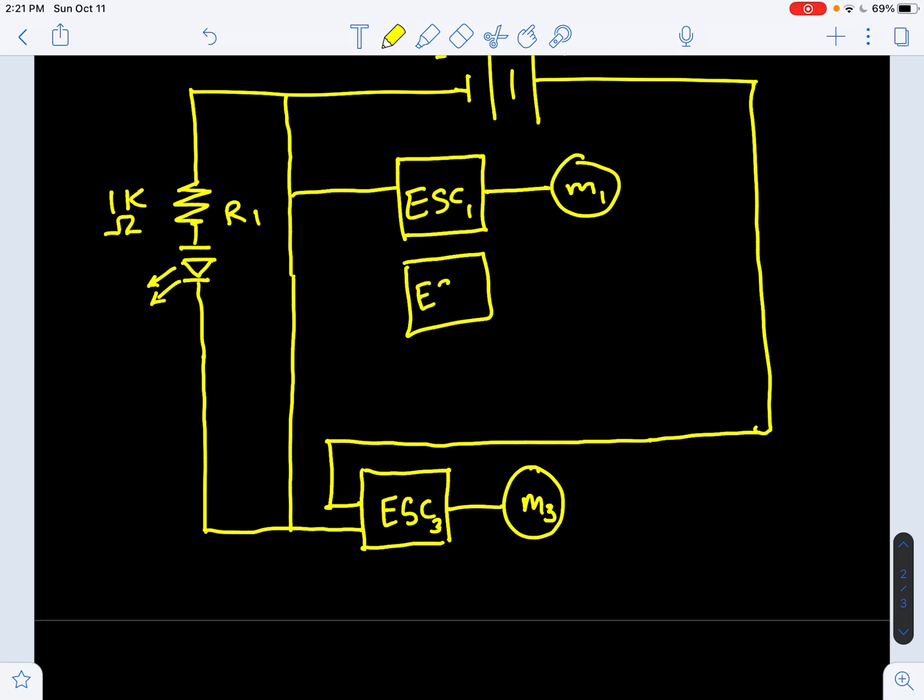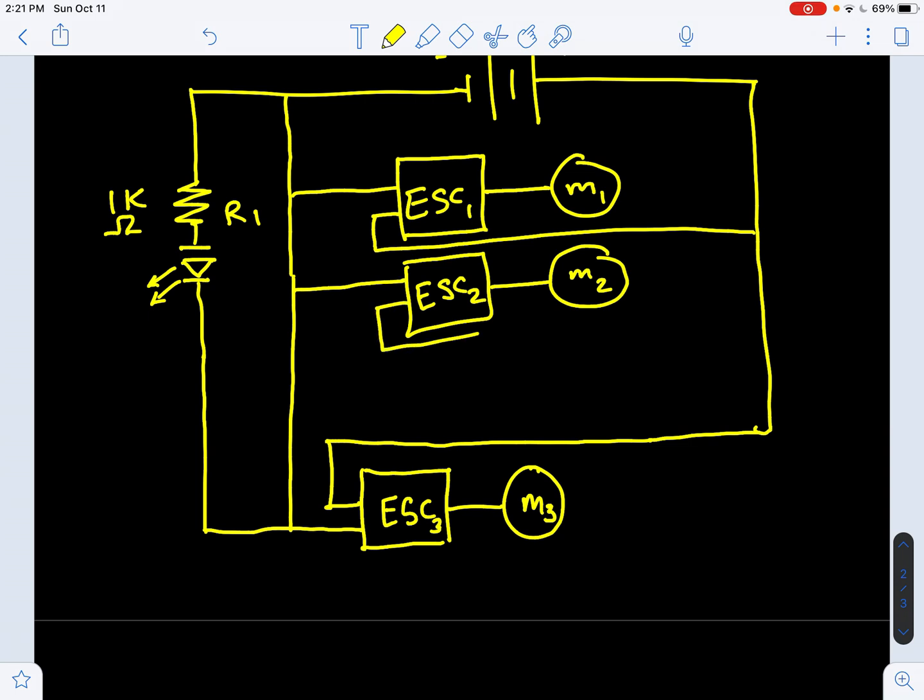That usually operates the left or right side of the robot. We have ESC2 connected to motor 2, which operates the right or left side of the robot, the opposite side of the previous.